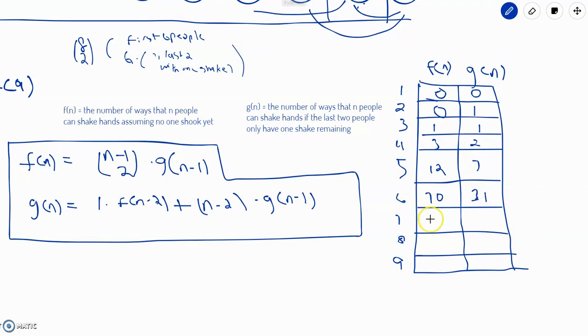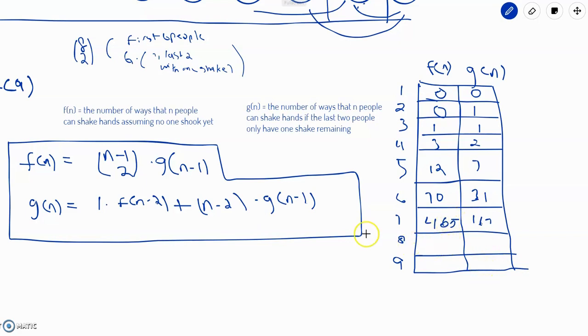Now f of 7 is equal to 6 choose 2 times g of 6. And that's equal to 465, since it's 15 times 31. g of 7 is equal to f of 5, which is 12, plus 5 times g of 6. So that's equal to 167 when you do the math.